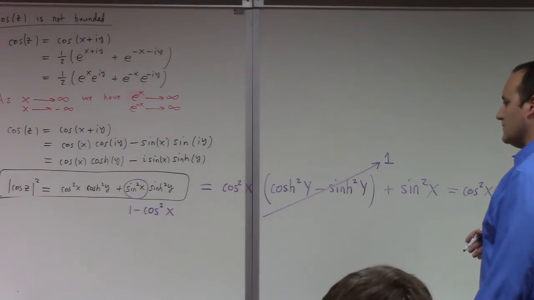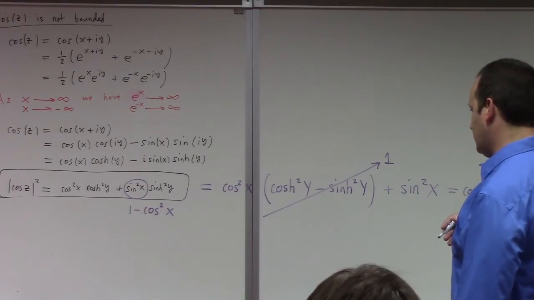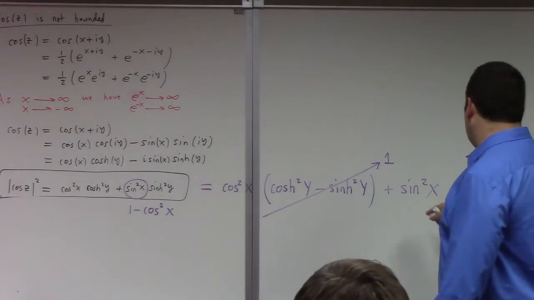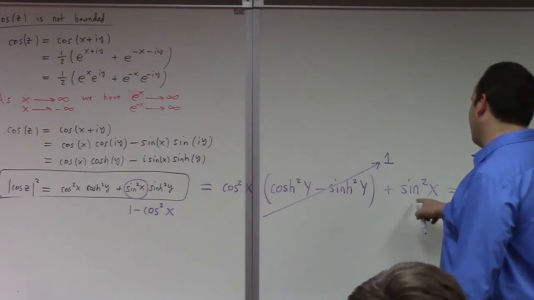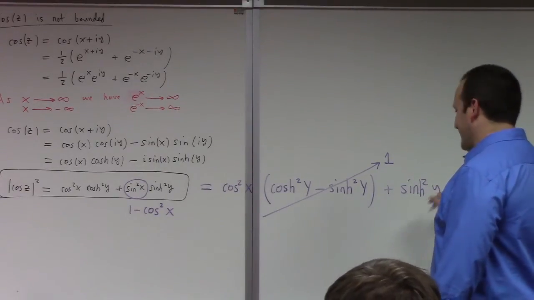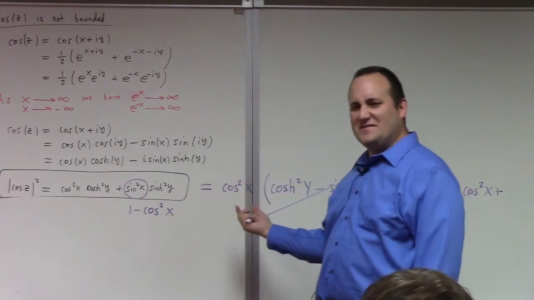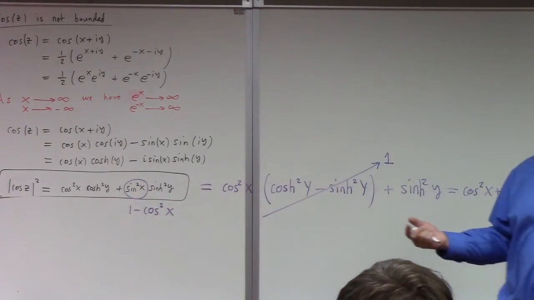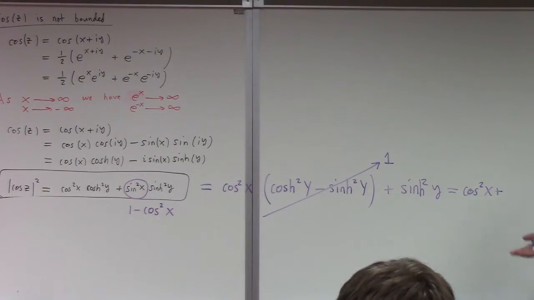I did something wrong. Oh, this isn't sine squared x. This is what? Yeah, this is sinh squared y, right? You're like, hey, it works out to 1. No. That would be very disturbing, too, if the modulus of complex cosine was always 1. That would be very strange.